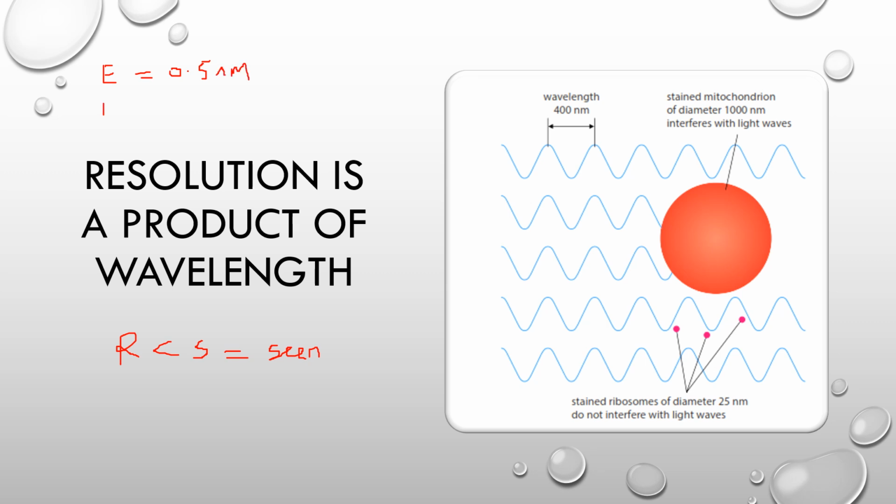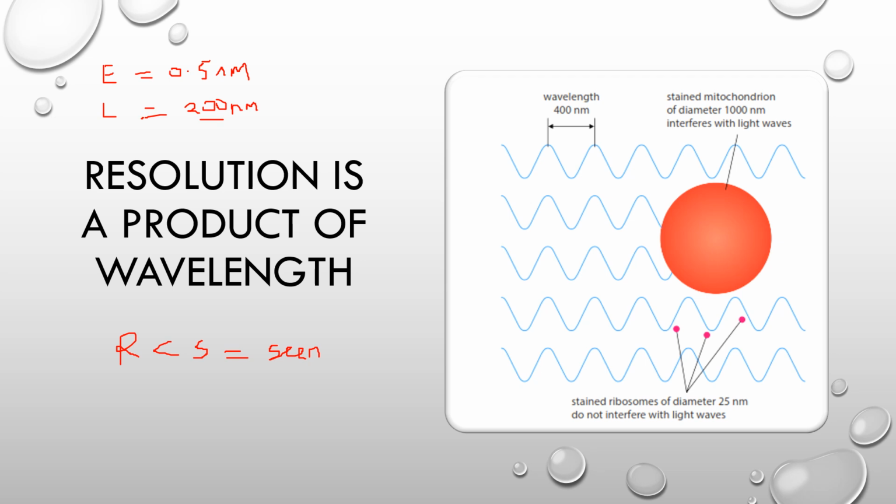The resolution of light microscope is about 200 nanometers. So the size itself doesn't determine detail; what determines detail is the value of resolution, the smaller the better.